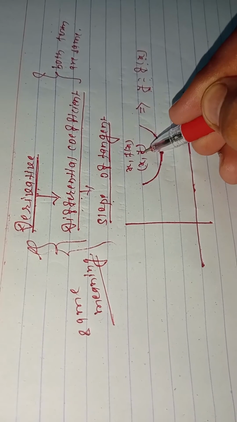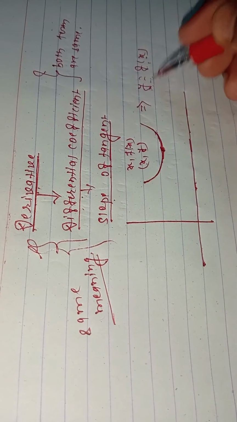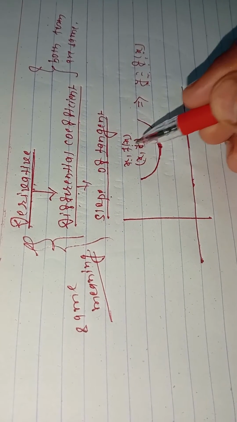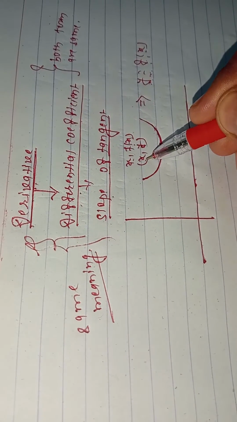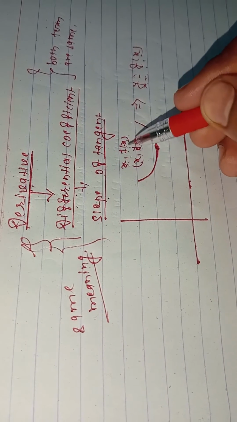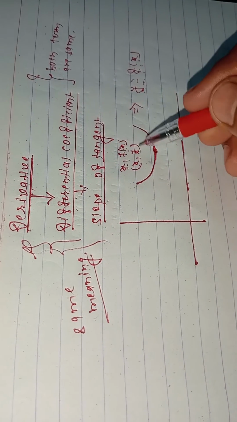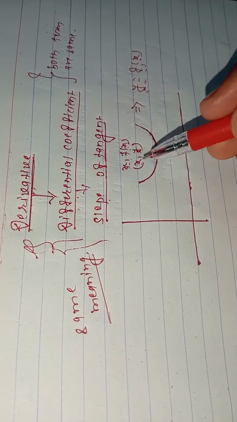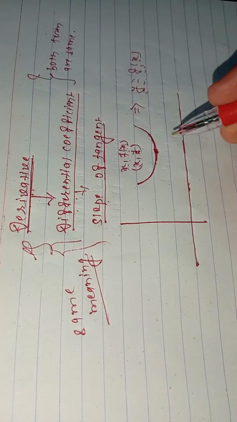Either you write y or you write f(x), because y is the function of x. So (x, y) is also (x, f(x)), because f(x) is equal to y.